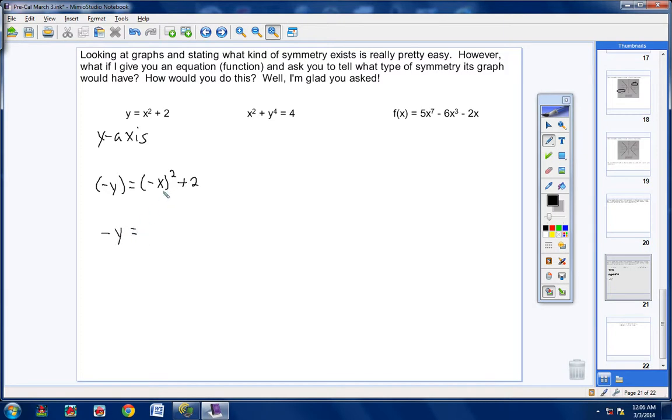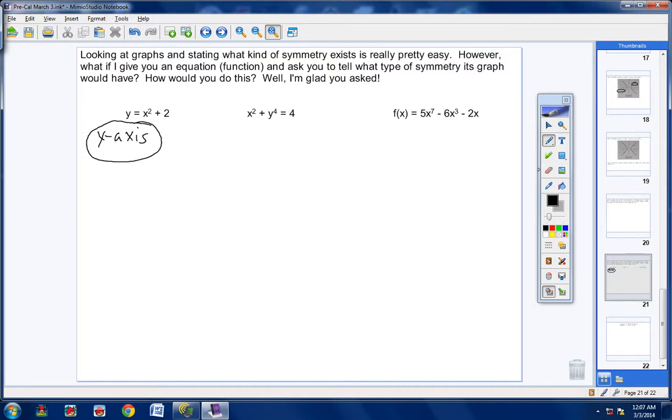A negative x squared is negative x times negative x squared plus 2, and then you change all of your signs to get y by itself, and you do not get what the original problem was. In fact, this would be a negative 2, excuse me. And so we do not have origin symmetry. We did not have x-axis symmetry. This function has y-axis symmetry.